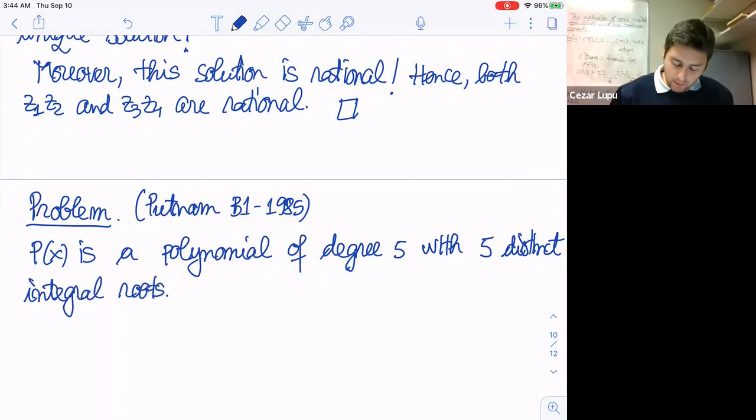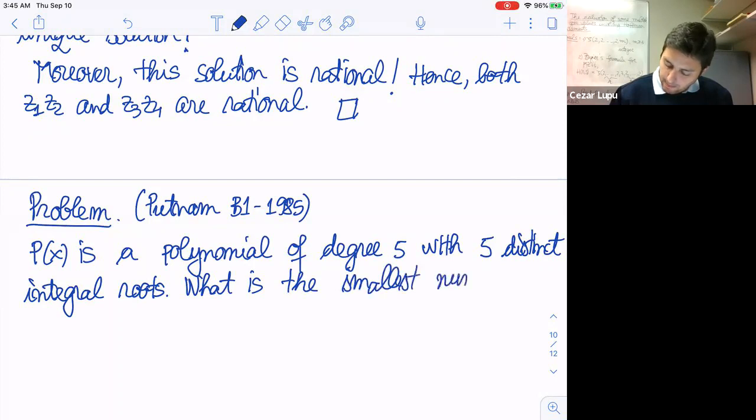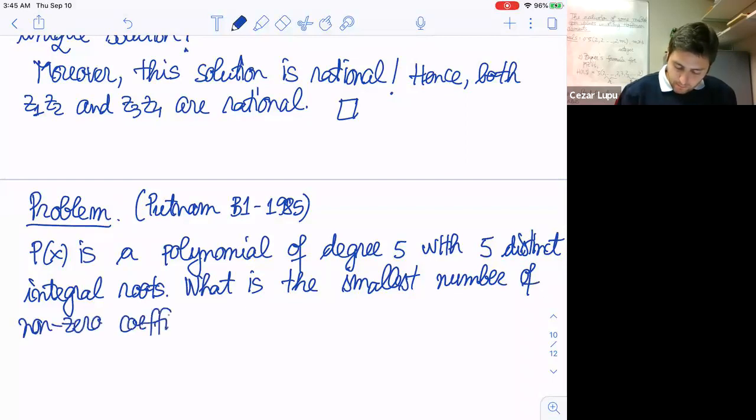The question is, what is the smallest number of non-zero coefficients it can have? That is the question.